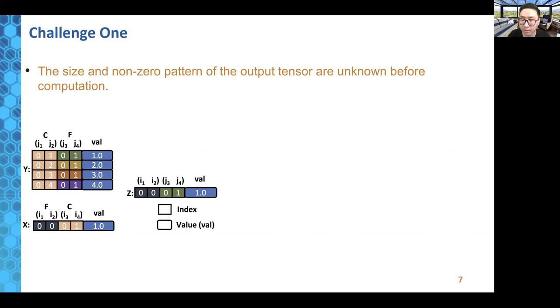We perform two-mode tensor contraction, which are I3, I4 in X and J1, J2 in Y, notated as contraction modes C. The tensor contraction generates an output tensor J, which is a four-order tensor containing I1, I2 from X, and J3, J4 from Y, notated as free modes F. As we see here, the number of non-zeros in the output tensor J is 1.